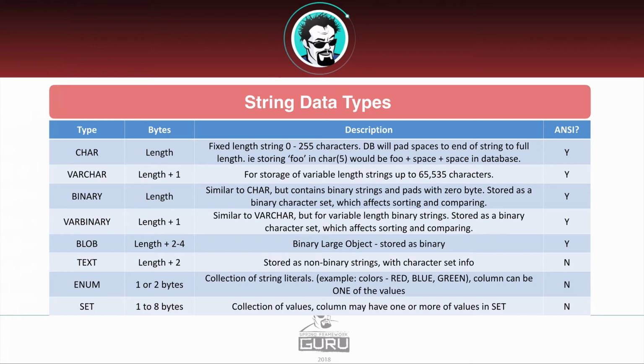Now, a set, the very last one that we have here to talk about, is very similar to an enum, but it is string values where that column can have one or more values. So an enum is one and only one from those defined values, where a set can have more than one. I personally have never used a set. I've never had a need for it, but enumerations are very handy. So these are very, very handy things to have inside the database to set up a list of values that you want.